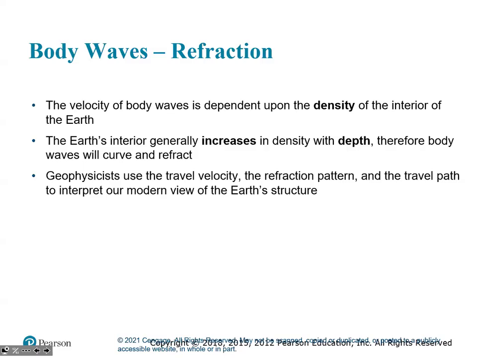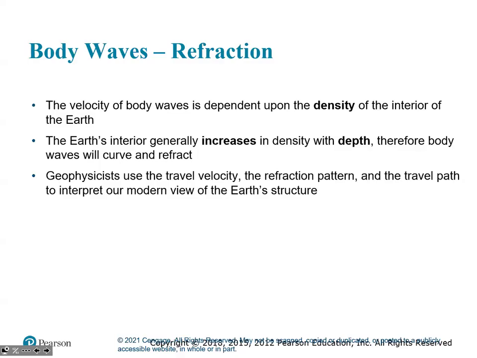The velocity of body waves is dependent on the density of the interior of the earth. When waves travel from something where they have one speed to another speed, they bend and refract. So as the earth's interior generally increases in density with depth, body waves will curve and refract.